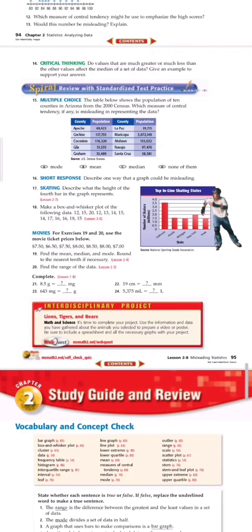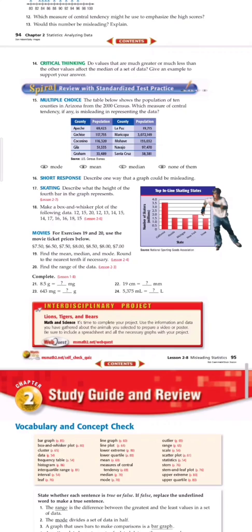The table below shows the population of Arizona counties from the 2000 census. Which measure of central tendency, if any, is misleading in representing the data? A. Mode, B. Mean, C. Median, D. None of them.